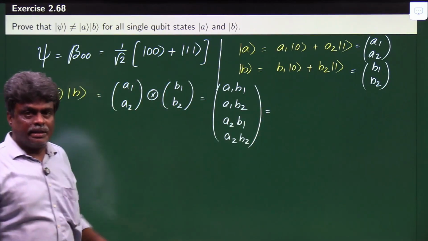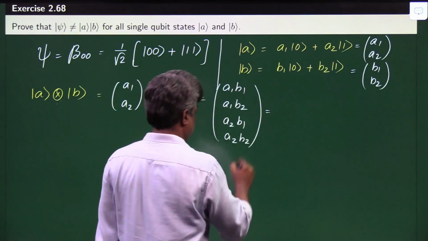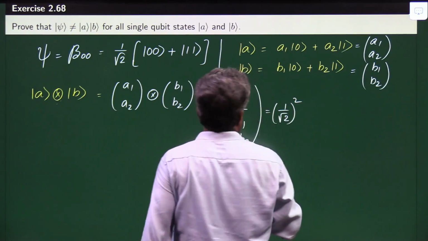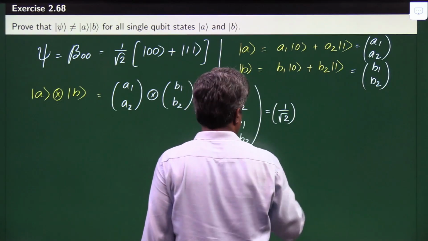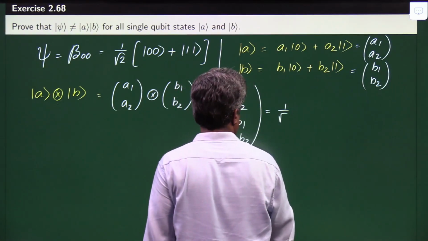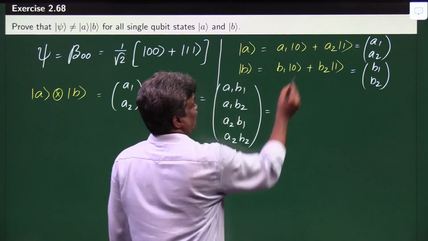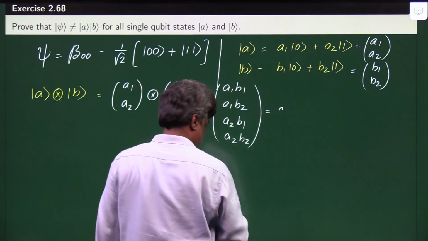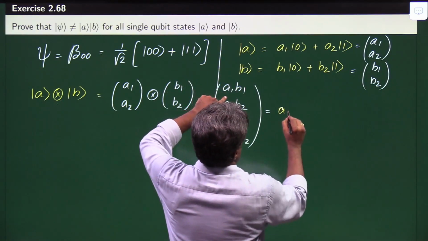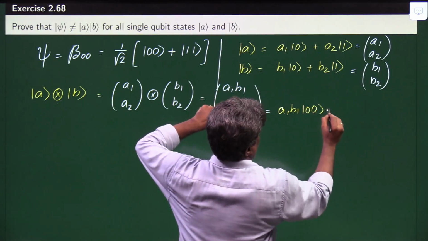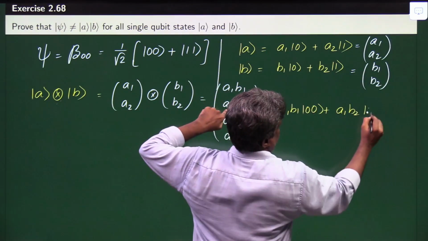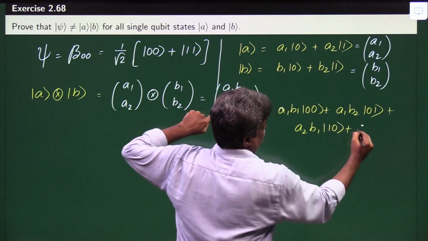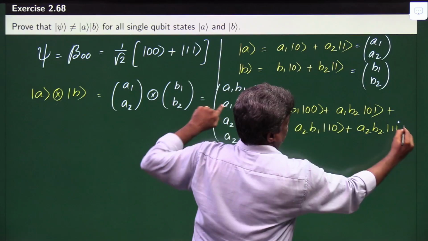So if you write it as a linear combination of two qubit states, it is nothing but... sorry, not 1 over root 2, there is no 1 by root 2, I'm sorry. So if you write this as a linear combination, this is the first coefficient a1 b1 ket 00 plus a1 b2 ket 01 plus a2 b1 ket 10 plus a2 b2 ket 11.